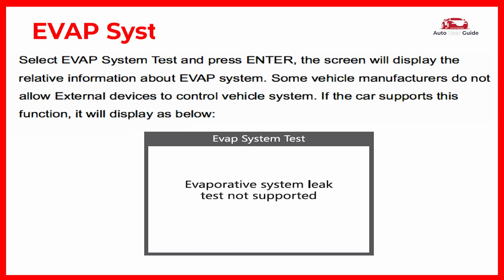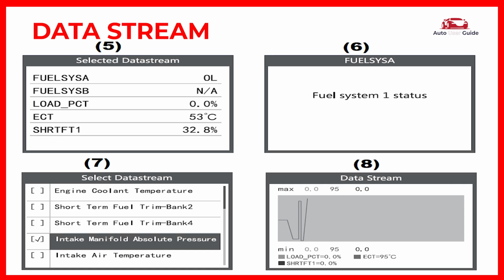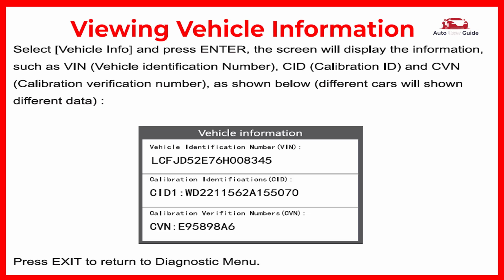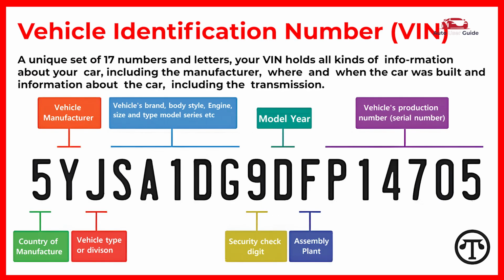EVAP system test. Data stream. View vehicle information. A unique set of 17 numbers and letters. Your VIN holds all kinds of information about your car.